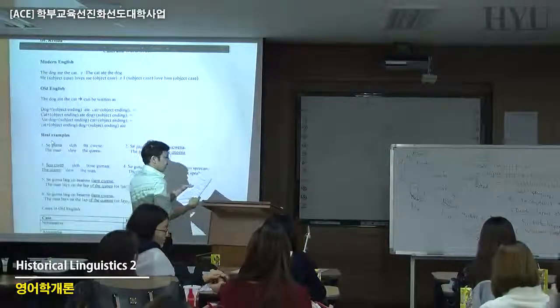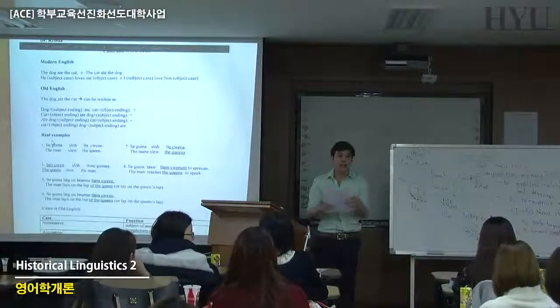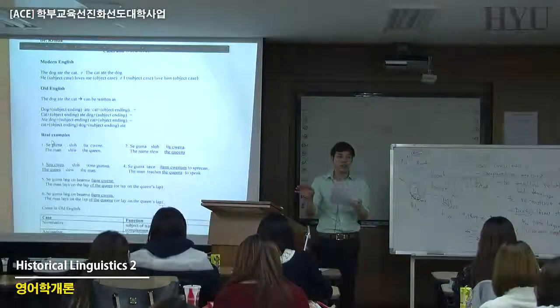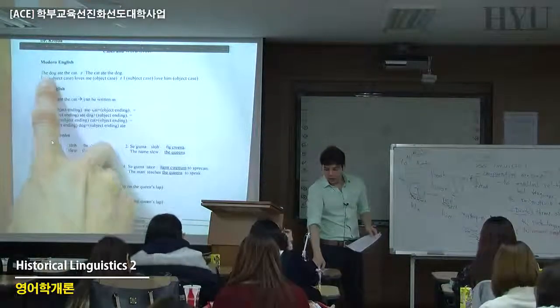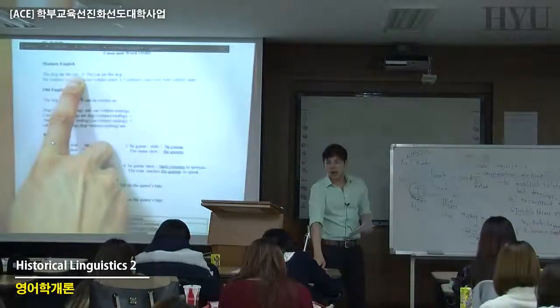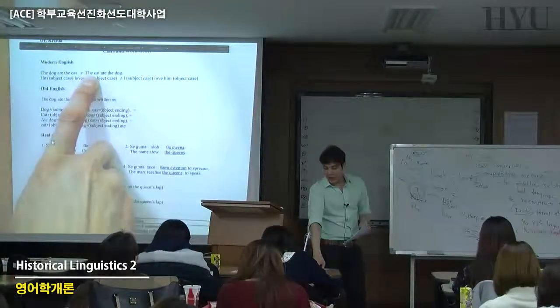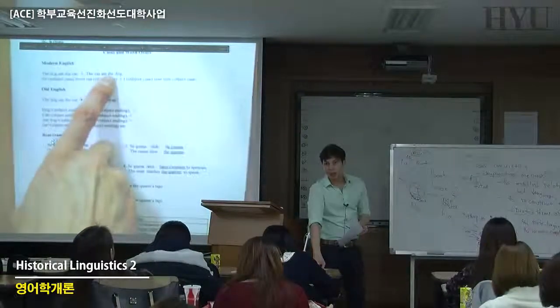So in modern English, right, the dog ate the cat and the cat ate the dog. They mean totally different things, right? Because in the dog ate the cat, the dog is in the subject case. The cat is in the object case. Whereas in the cat ate the dog, the cat is in the subject, the dog is in the object case.